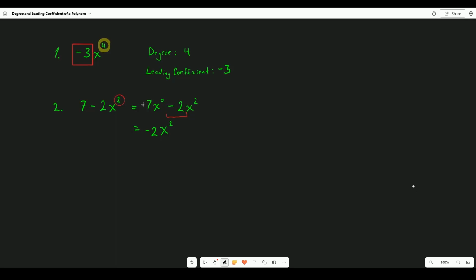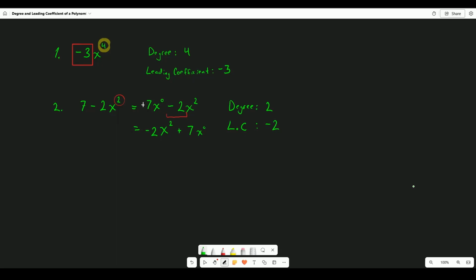Remember, we don't write the plus symbol when we have a positive number. So let's keep going. Plus 7 x to the 0. But like I said, x to the 0 is just the same thing as 1. So now we can answer this question. What's the degree of this polynomial? The degree is 2. And the LC, which means leading coefficient, is -2.